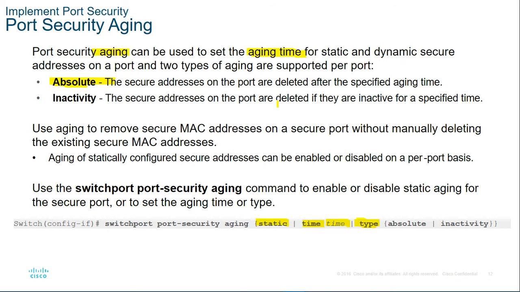Inactivity means the secure MAC address on the port is deleted if it is inactive for a specified time, for example 10 minutes, or if you are not using that port for 1 day, that MAC address will automatically be removed from that interface. That is the difference between absolute and inactivity. I hope you understand.